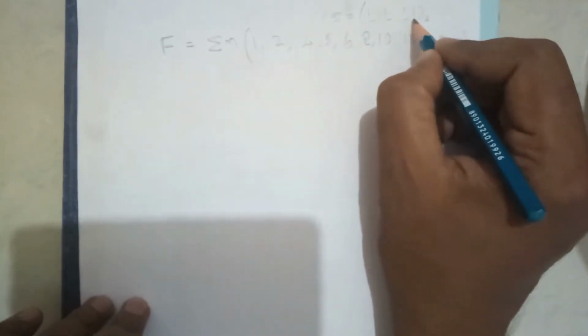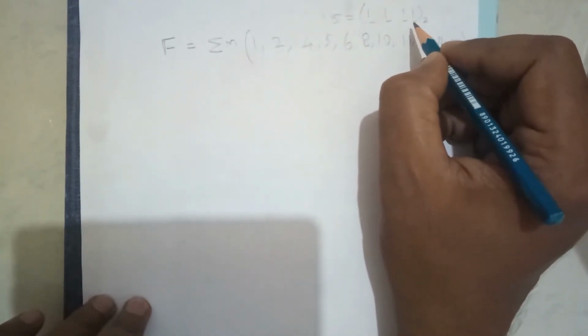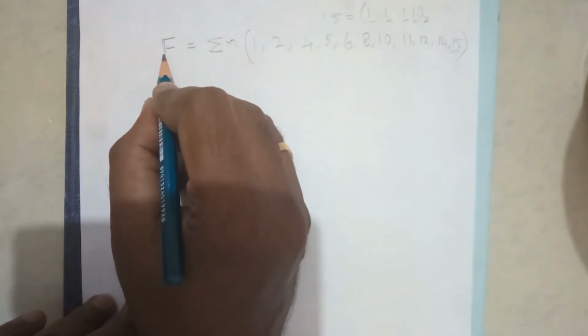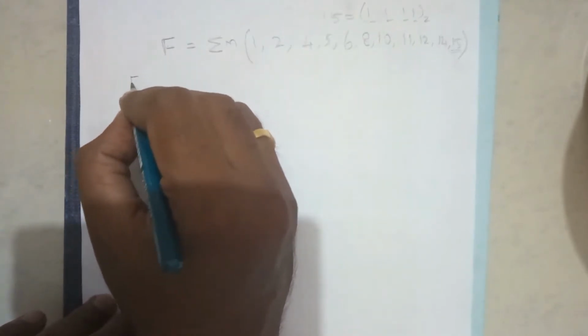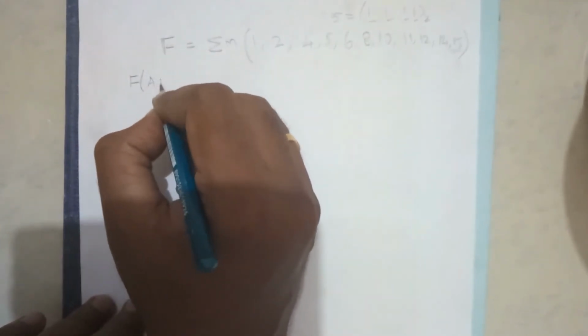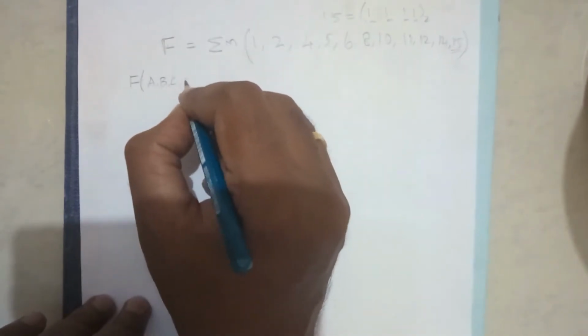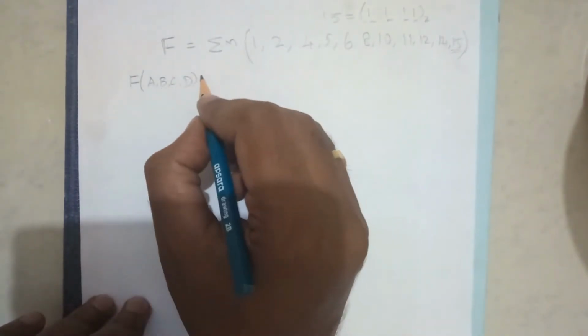How many bit values are there? Bit value 1, bit value 2, bit value 3 and bit value 4. Totally 4 bits are there. Hence this particular function consists of 4 input variables. So how do I write it? I can write the function as f of a, b, c, d.